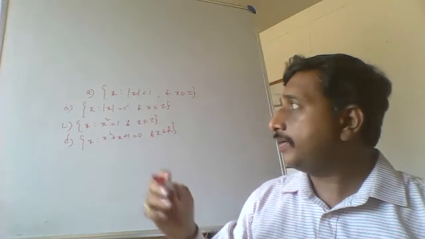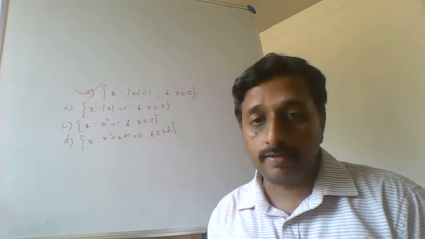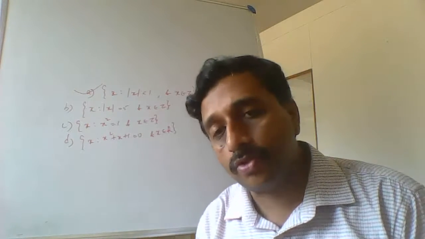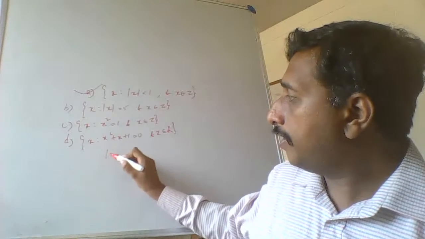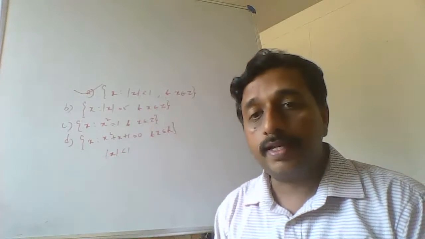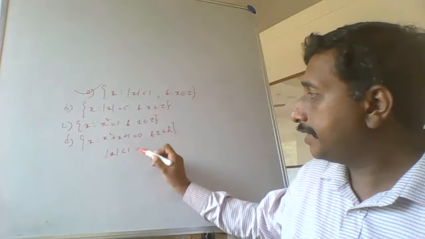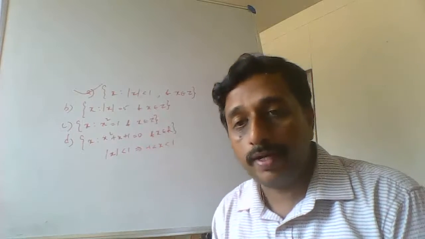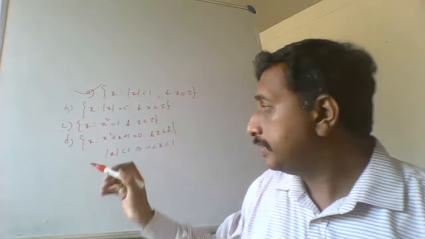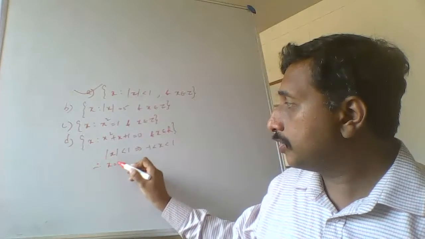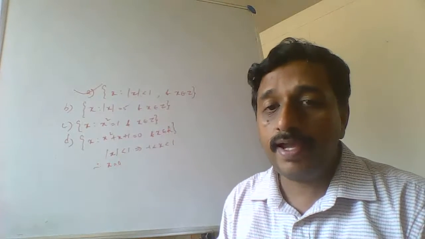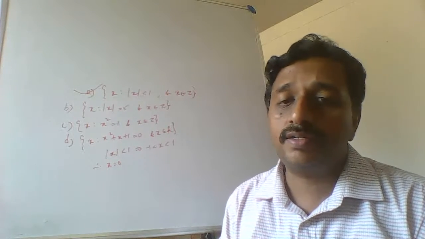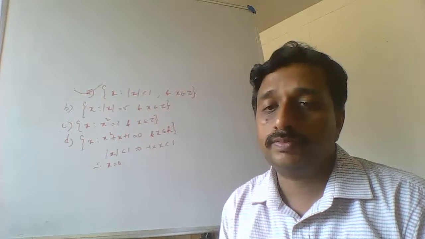For this, I have A as the solution. Let me explain why I have chosen A. If mod of x is less than 1, this means that x lies between minus 1 and 1, and therefore x is equal to 0, since 0 is the only integer between minus 1 and 1.